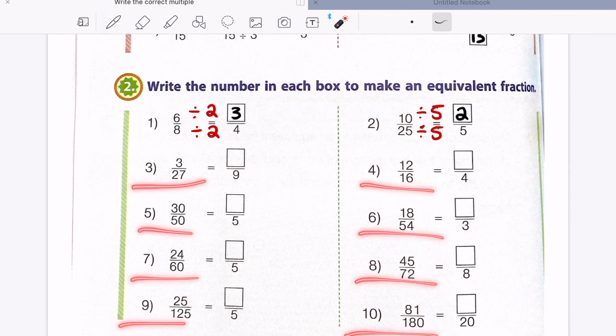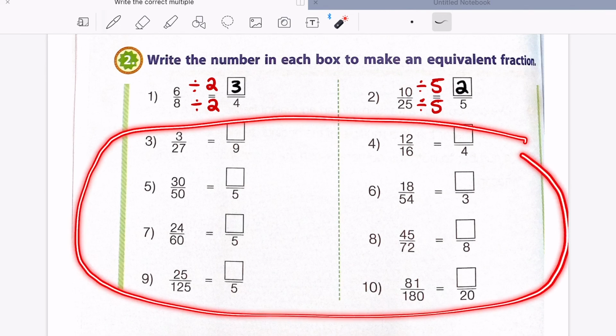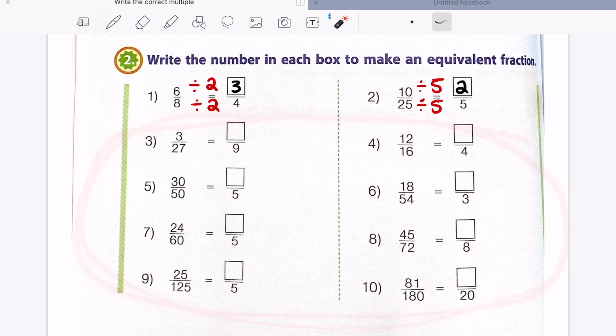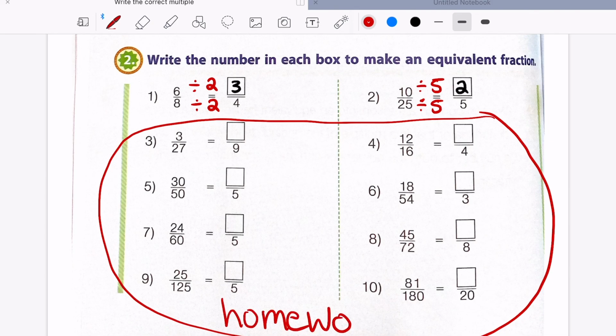For homework and classwork, I want you to try number 3, 4, 5, 6, 7, 8, 9, 10. For homework, I want you to do page 72. So let me write that down. Tomorrow, I will review it.